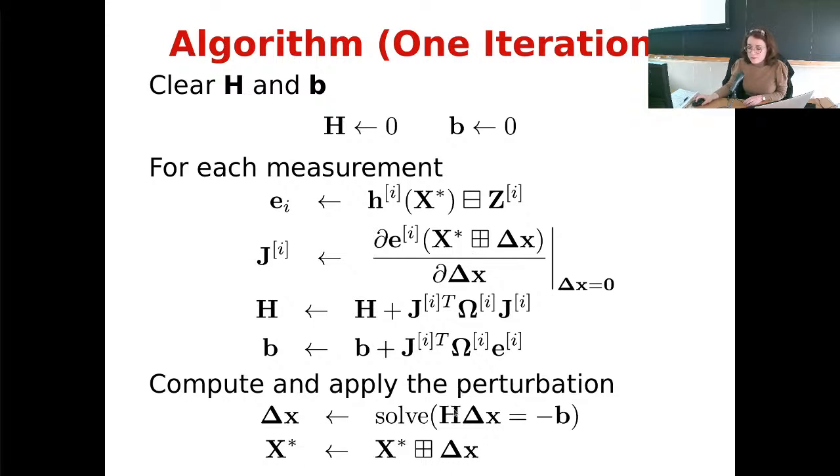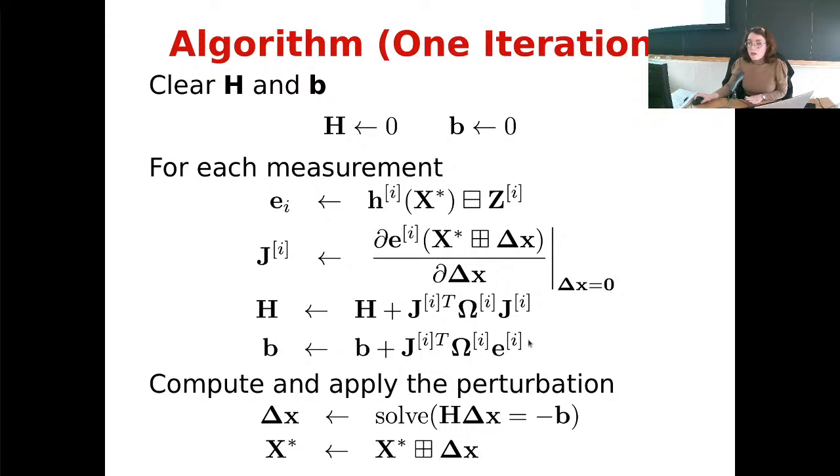Now, the matrices H and B are computed summing the contribution coming from each of the measurements, according to the two formulas that you see here, where the H matrix is composed by the sum of J transpose omega J, while the B matrix is composed by the sum of J transpose omega E.